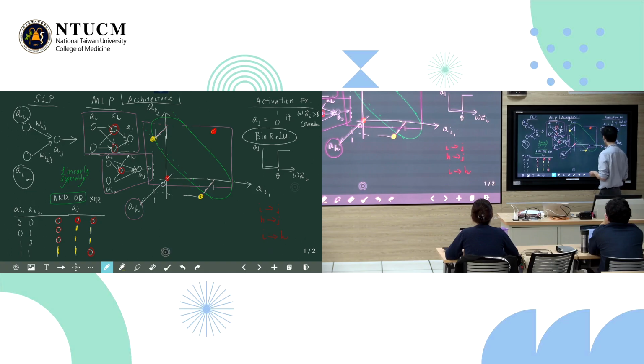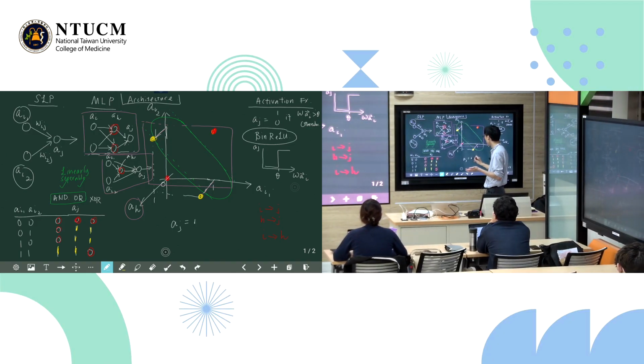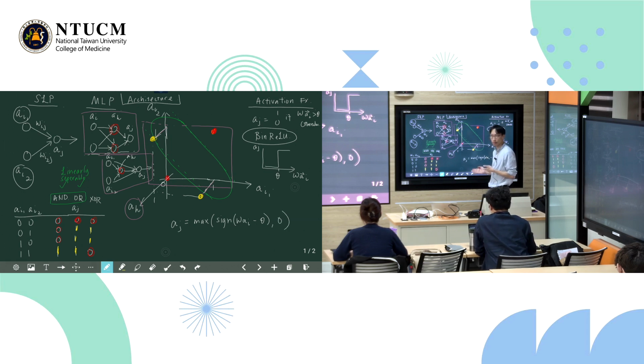And if you remember the Google Colab that I gave you, it is actually the max of the sign of the WA_i minus theta_0. That's the function, right?